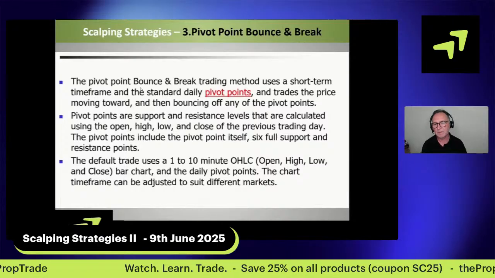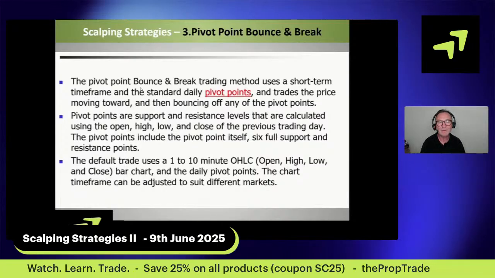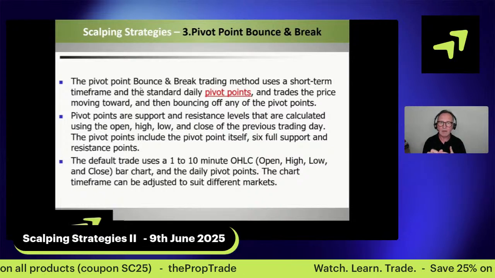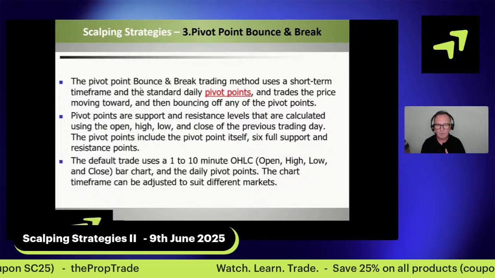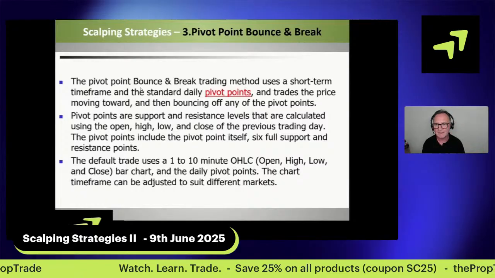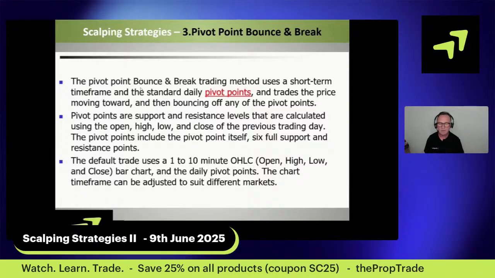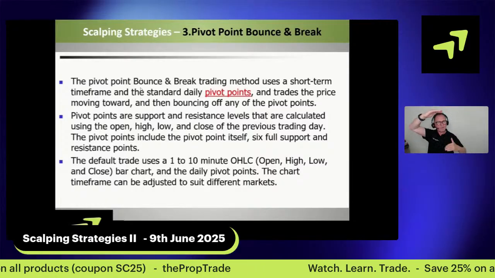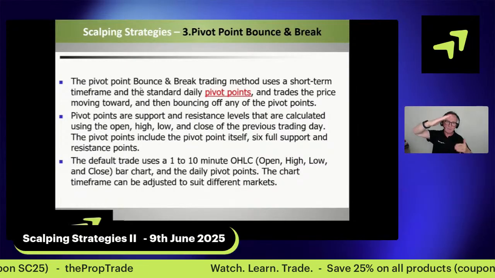This trades the price moving toward and then bouncing off any of the pivot points, whether it's the S1, S2, S3, or R1, R2, R3, or the pivot point itself. So we've got 7 lines to play with. It should potentially give you a lot of options. Obviously, R3 and S3 very, very rarely get touched, but when they do, they can be quite significant.